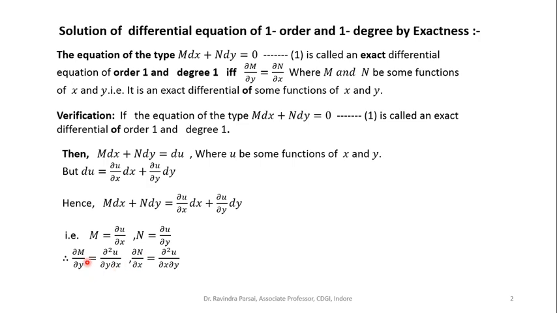For this, we find further differentiation: differentiating M with respect to y partially and differentiating N with respect to x partially. So del M upon del y equals del by del y of del u by del x, that is del 2u of del y del x, and del N upon del x equals del 2u of del x del y.